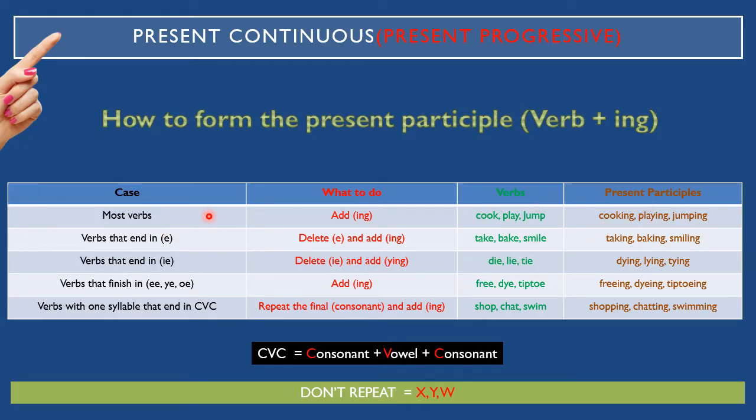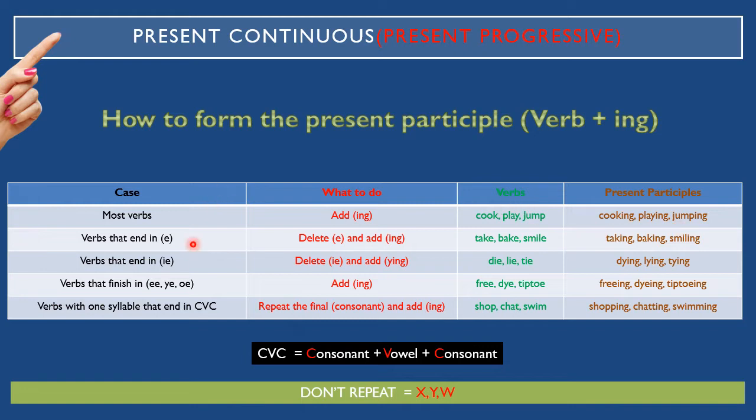Let's begin with the first one. Most verbs. For the majority of the verbs, you only need to add ing. For example, cook, cooking, play, playing, jump, jumping. If you notice, you only add ing and then you're going to have the present participle, the verb with ing.